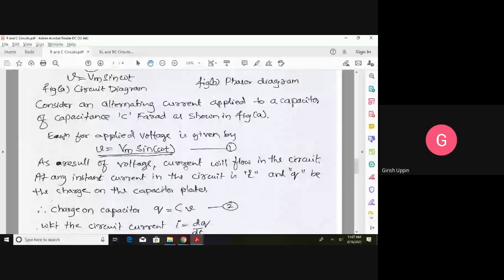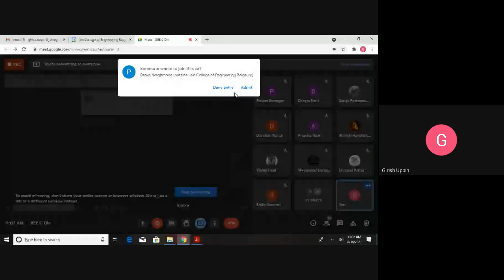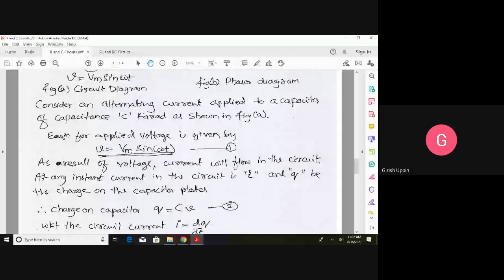As a result of the voltage, current will flow in the circuit. The capacitor will start getting charged when you apply the voltage. Let i be the instantaneous current in the circuit, and q be the charge on the capacitor plates.